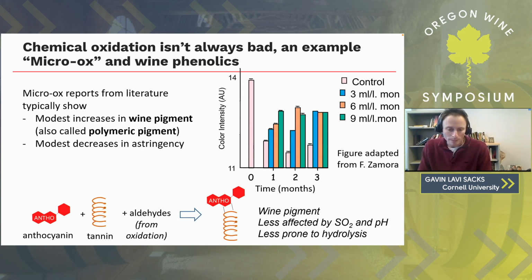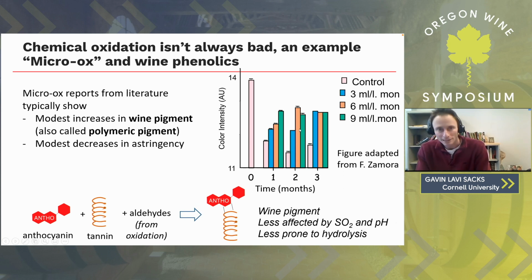And there are several experiments showing that indeed, if you do micro-ox at appropriate levels, and how appropriate here is roughly at the same concentrations as air saturation, ballpark of 6 to 9 milligrams per liter per month, this will increase, in this case, color intensity, and also increase wine pigment and slightly decrease astringency.